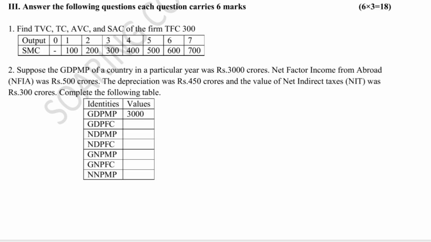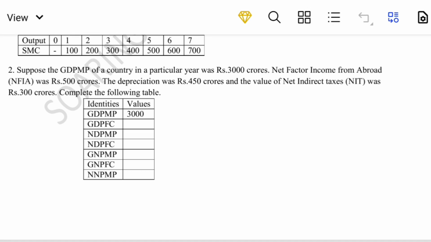We need to calculate the values. They are asking us to calculate the values, so we need to know the formulas for calculating them. I already made a video for this one. Please do watch this video. I already made it.